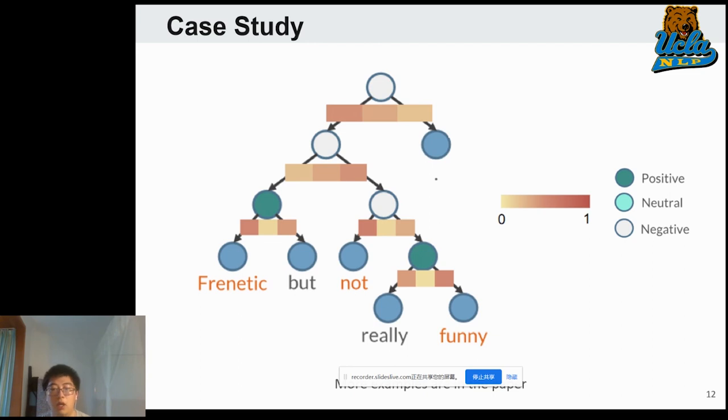SentiBERT predicts all the phrase labels correctly, and we observe that it attends to adjectives with sentiment such as frenetic and funny when generating the representation of their parents. Moreover, when combining the two parts of the sentence with the conjunction word but, the model attends more to the second part and derives the correct sentiment of the whole sentence.